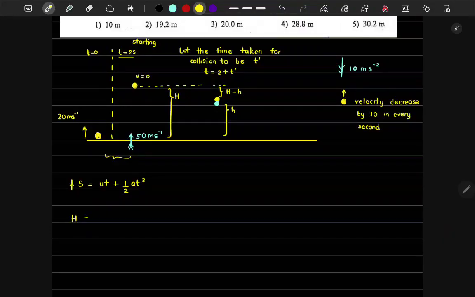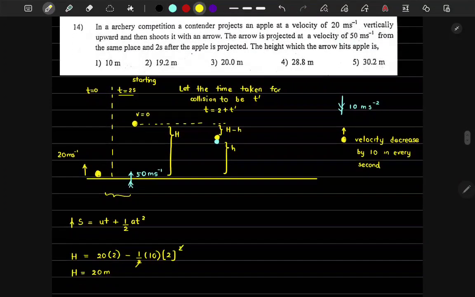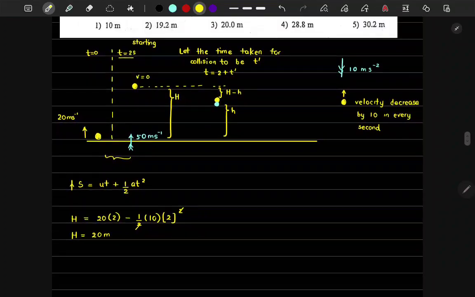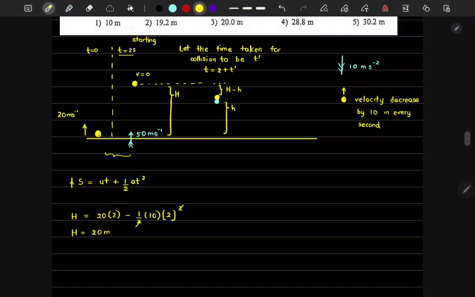So capital H equals 20 into 2 seconds minus, because the acceleration is downwards, half into 10 into 2 squared. So we get H equals 20 meters. Then we can apply s equals ut plus half at squared for both the apple and also the arrow.